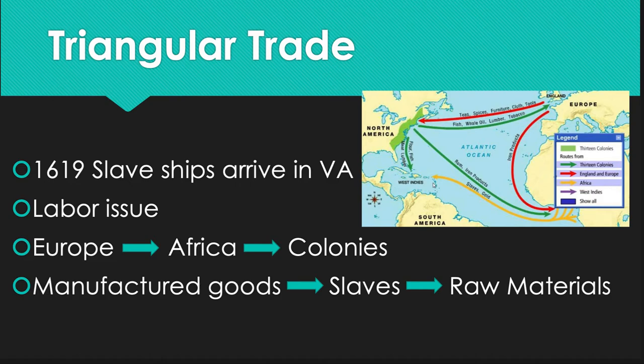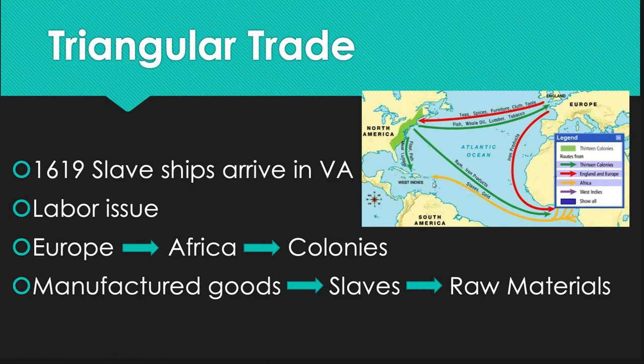Because remember, over in Europe, we see the Industrial Revolution, those manufacturing centers already having happened. Africa is going to trade back to Europe and over into the colonies slaves and gold.